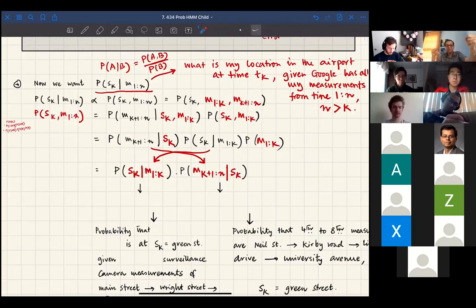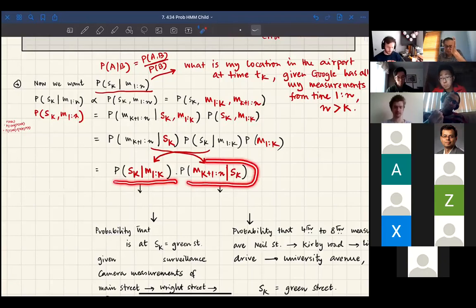But from that measurement, Google is saying at some intermediate time, where was Romit? That's the question, right? And that question turns out to be a combination of where was Romit given all the measurements till that point, SK given M1 through K, times what is the probability of the future measurements given this SK.